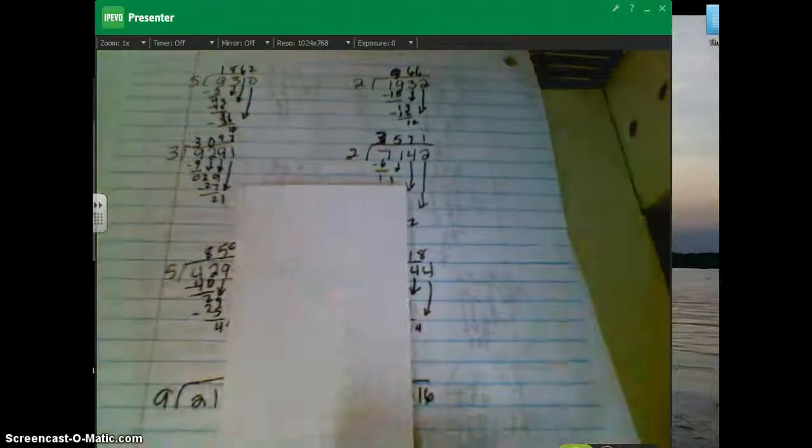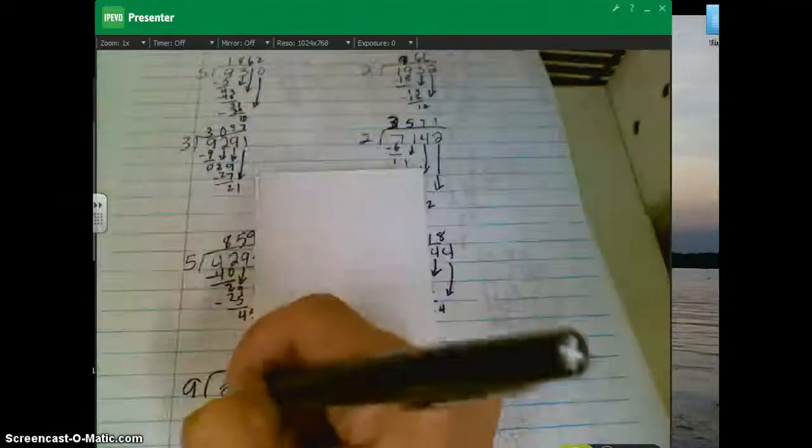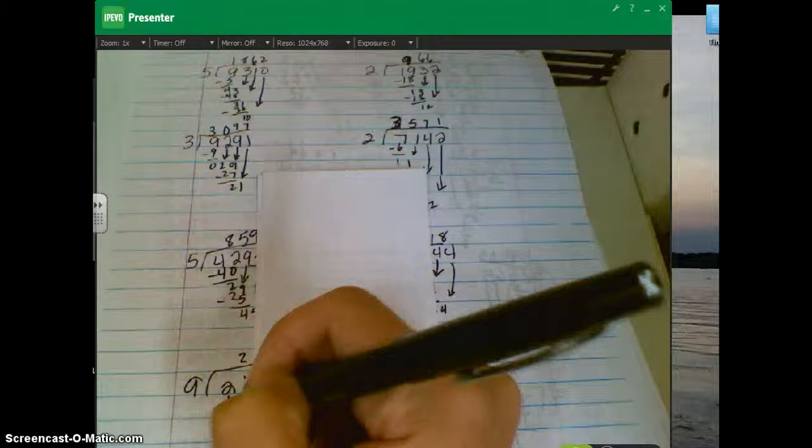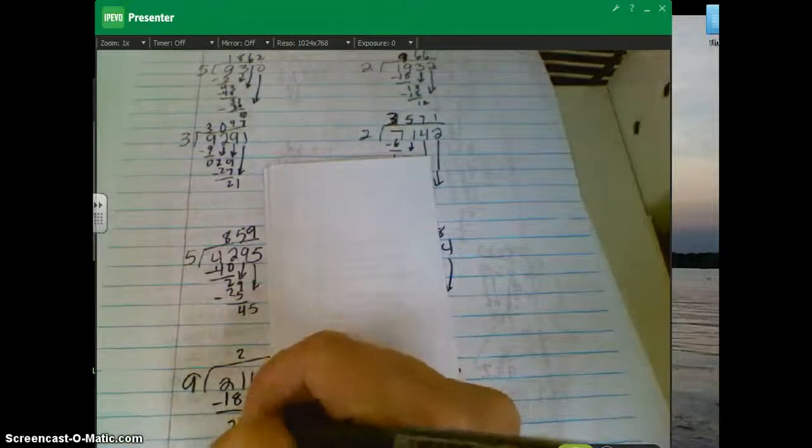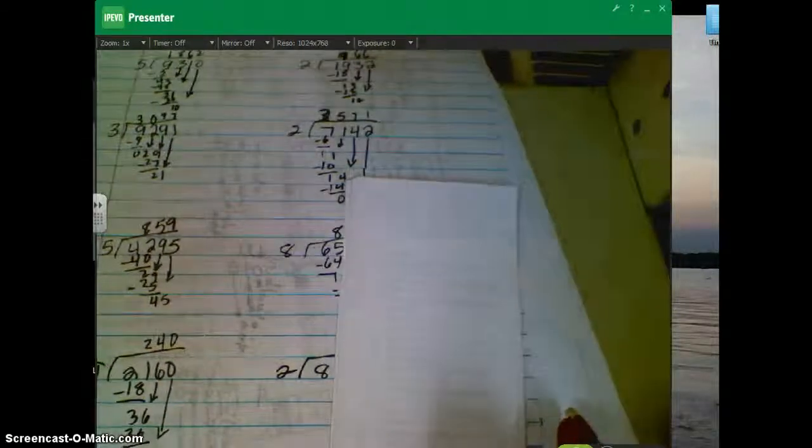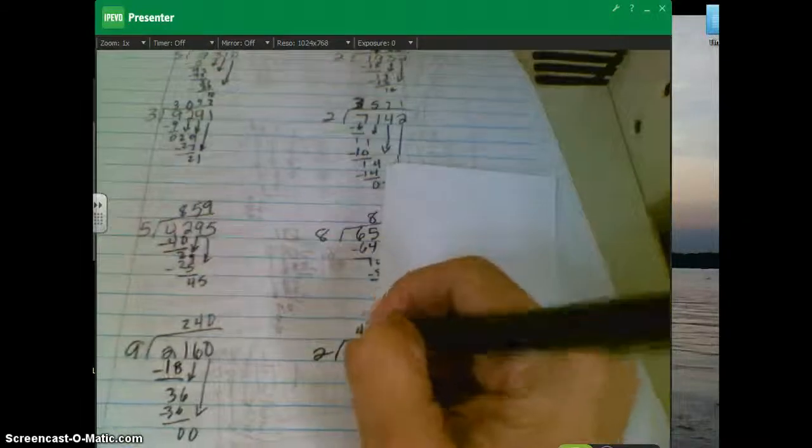9 won't go into 2, but 2 9s are 18. Remainder of 3, bring down the 6. 9 times 4 is 36. A 240 for this one. And 2 times 4 is 8.